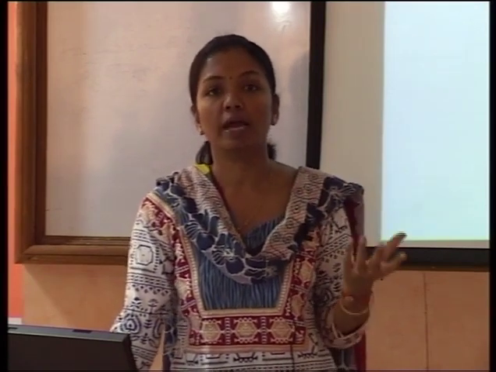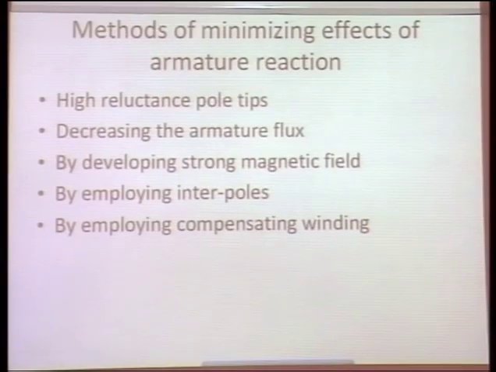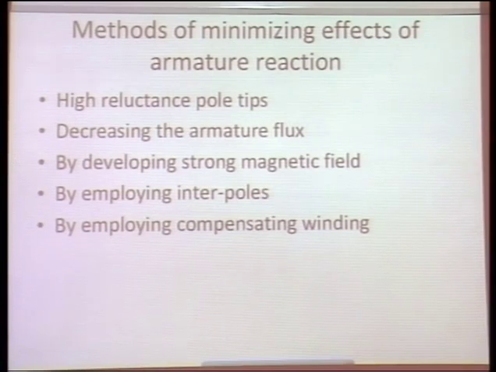This is employed in the DC machine when the load fluctuations on the machine are quite frequent and quite severe. So the amount of load fluctuations is more and they are quite frequent in nature. In that case, we need to employ the compensating winding in order to minimize the effect of armature reaction.